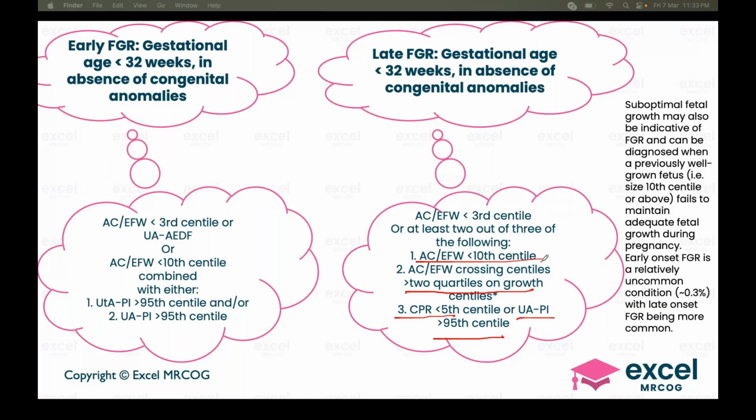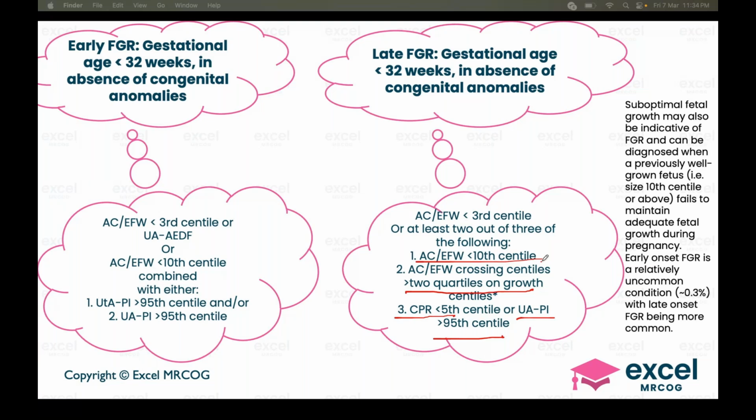Another important point here is that early onset FGR is relatively uncommon, with an incidence of 0.3%, with late onset being more common. All right. So this is early onset FGR and late onset FGR.